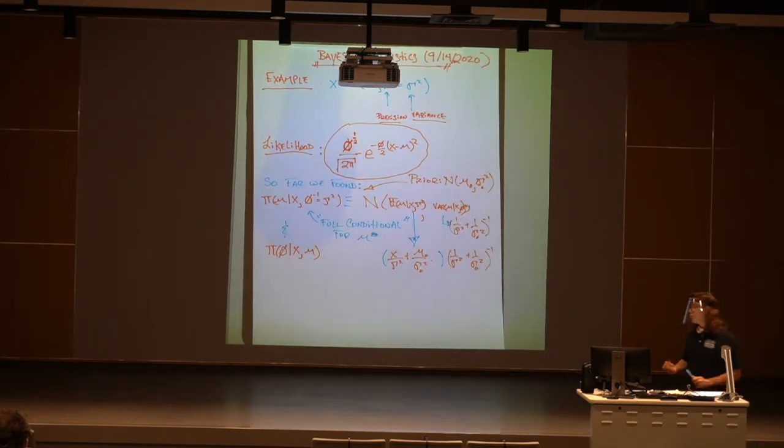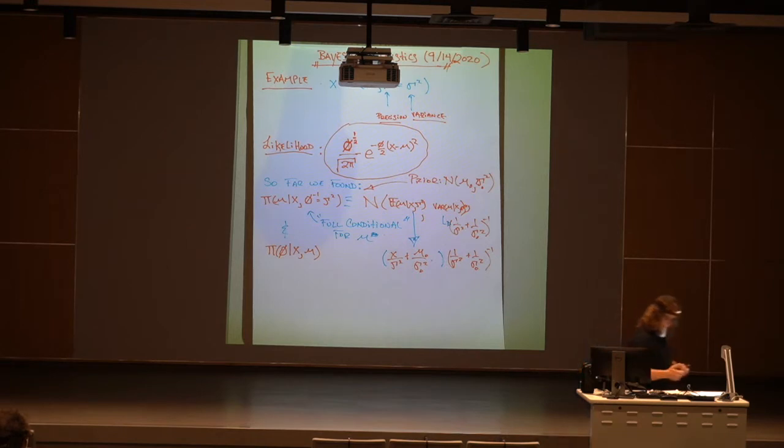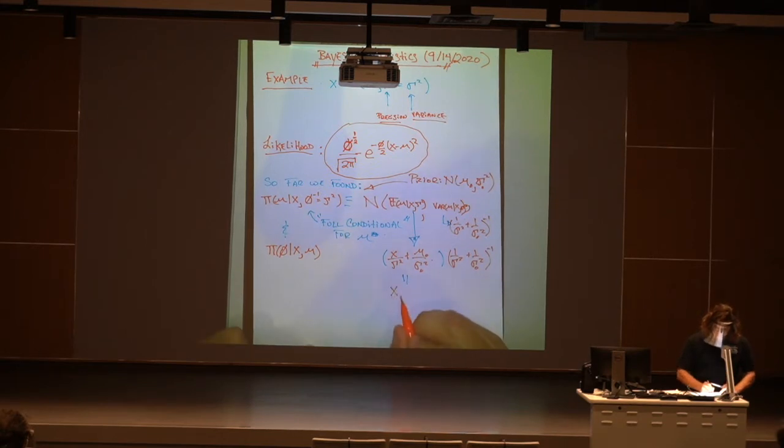If I wanted to change sigma squared in all of this, and flip it upside down, I could just do it. So this is equivalent to x times phi plus mu naught over sigma naught squared, divided by phi plus 1 over sigma naught squared.